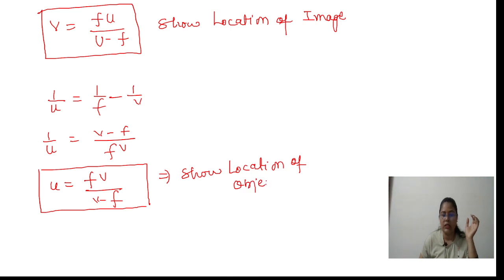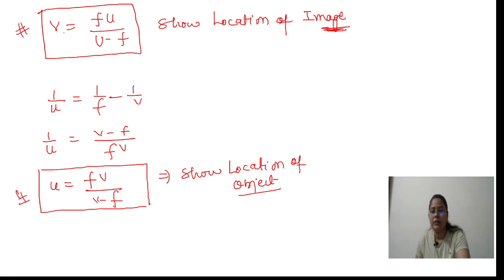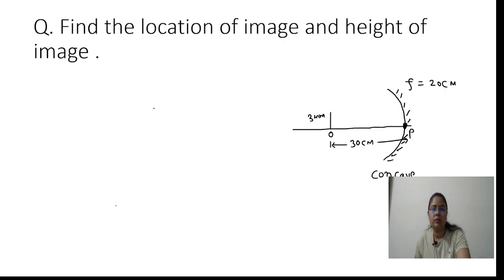When a question asks for the location of image, you use v is equal to fu upon u minus f. When you find the location of object, then you use the formula u is equal to fv upon v minus f. Clear?